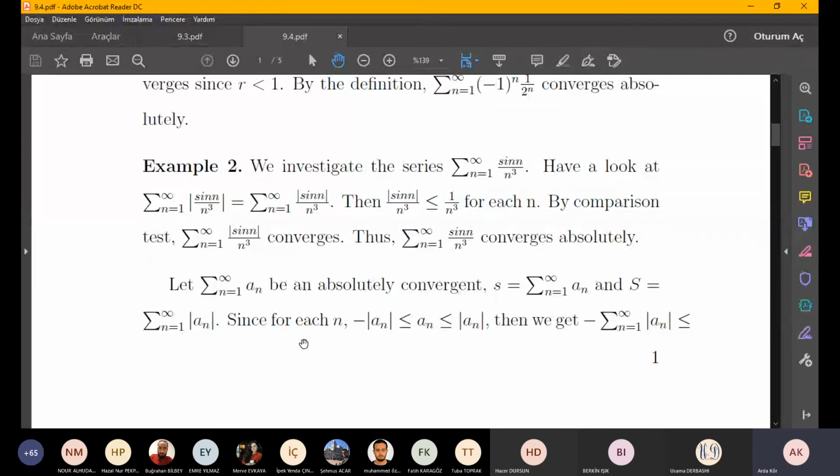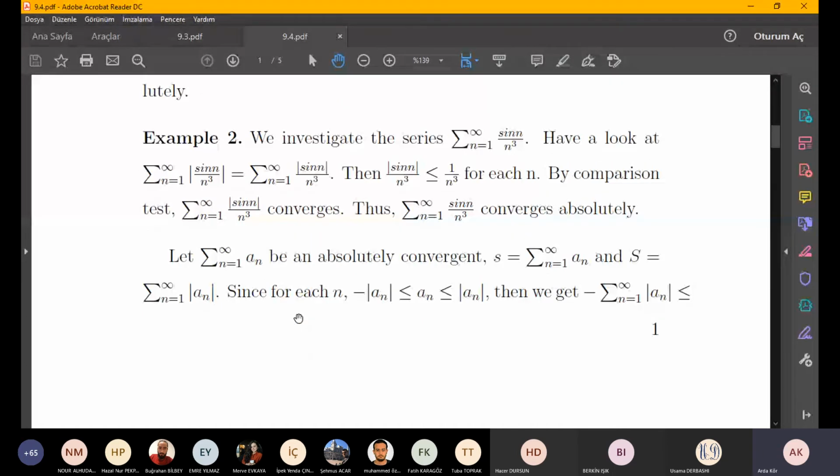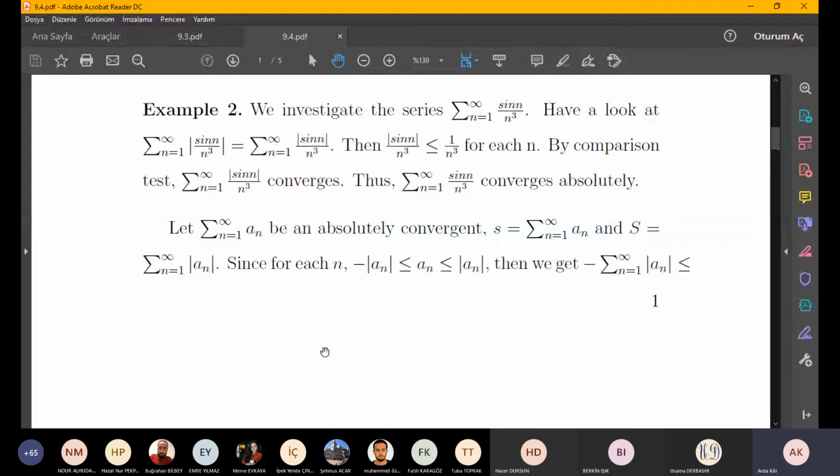Okay, let's give that one, and I guess I will finish the course for today. For the second example, we will investigate if the series of sin n over n cubed is convergent or divergent.